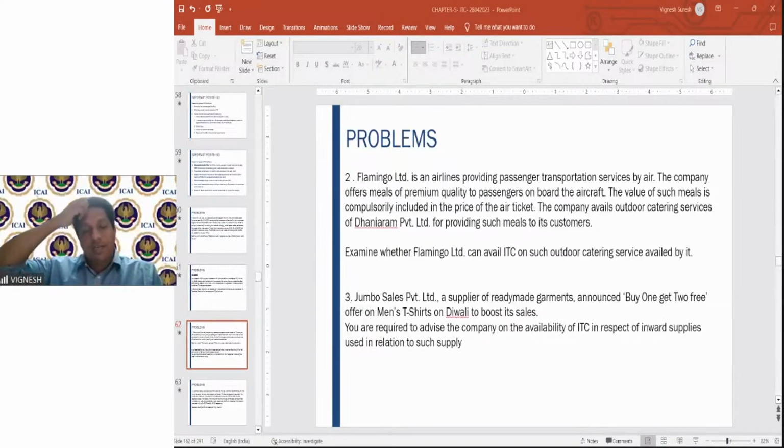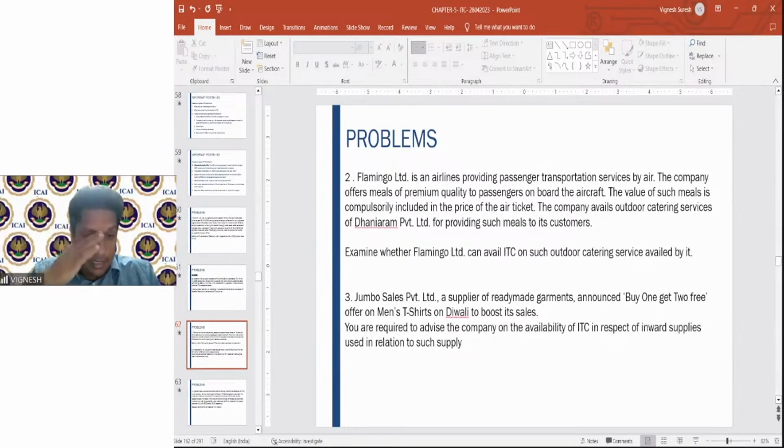This is how you have to very clearly mention in the exam. So therefore, ITC can be claimed because it is a catering service, but it is used for further catering service only. Since the nature of further supply and the input is the same, you can claim the input tax credit.